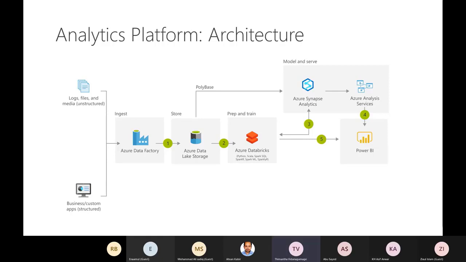Just to explain a bit more about this reference architecture, there is no rule that you have to use all these components in an analytics platform. As per your client requirement, you can simplify and use alternative resources, and you can build the architecture as per the cost requirement, the workload, the data load, and so on.